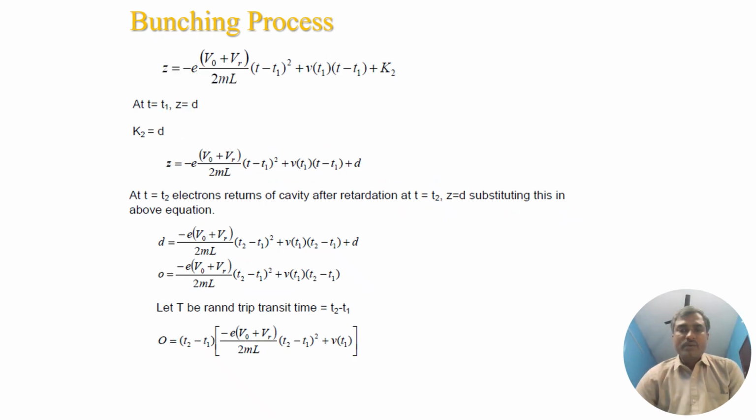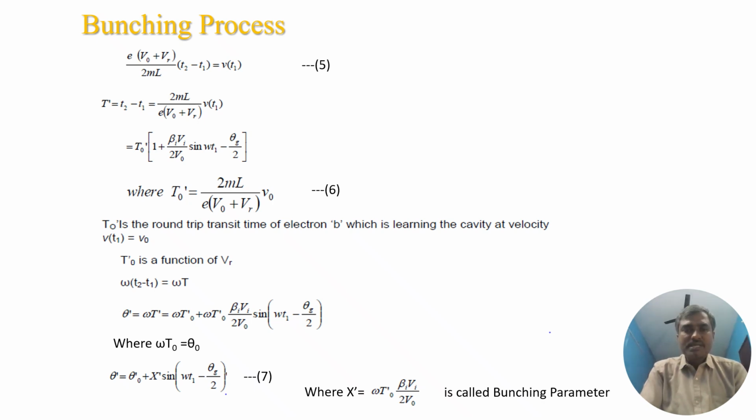At time t = T1, the electron leaves the cavity gap and travels in the repeller space. Once it travels in the repeller space, the electron is strongly reflected by the retarding potential which exists there, and again it reaches the cavity at time t = T2, and the effective distance traveled by the electron during T1 to T2 is almost zero. By substituting distance z = 0 in equation number 4, we get expression number 5.